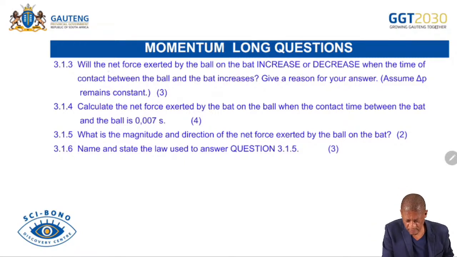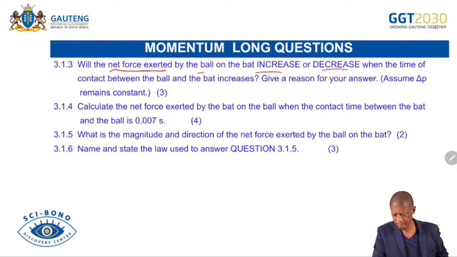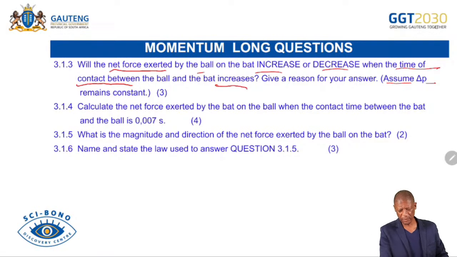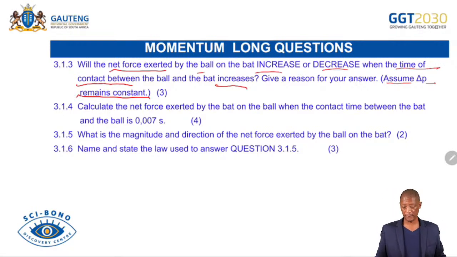Will the force exerted by the ball on the bat increase or decrease when the time of contact of the ball on the bat increases? Give a reason for your answer. Assume that your change in momentum remains constant. Remember when we talked about the applications. So you know when the time of contact increases, what happens?